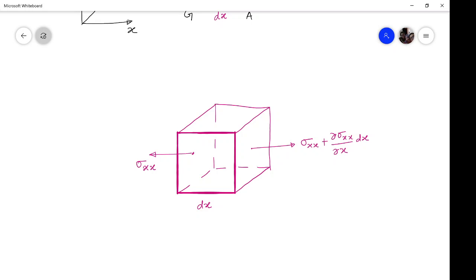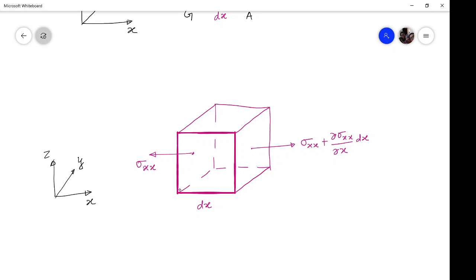Now on the y face, let us talk. So this is the x direction, this is your z direction, and this was your y direction. So on the negative y face, in the negative x direction, will be your positive stress.